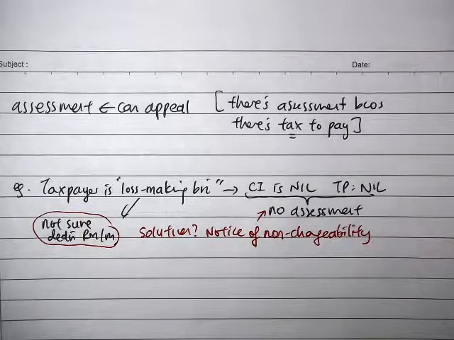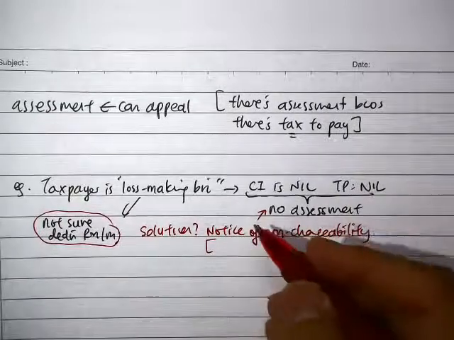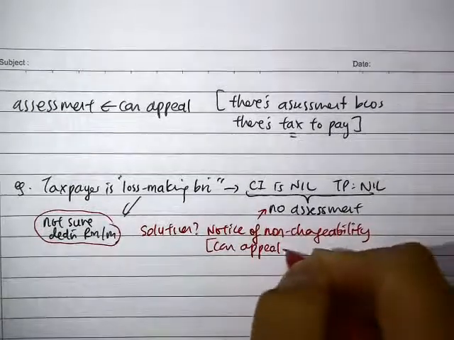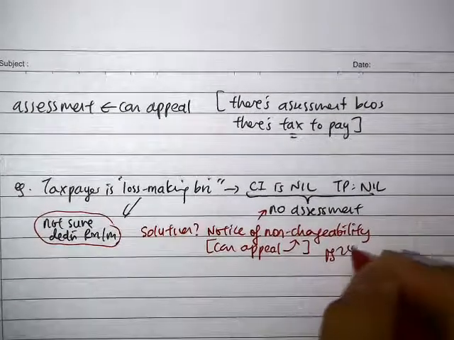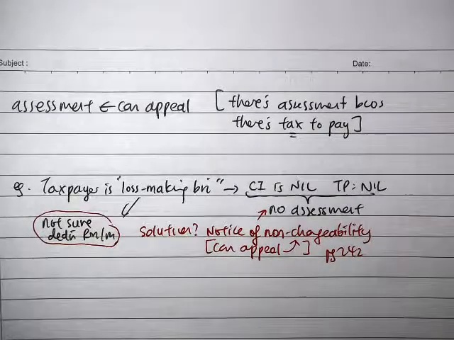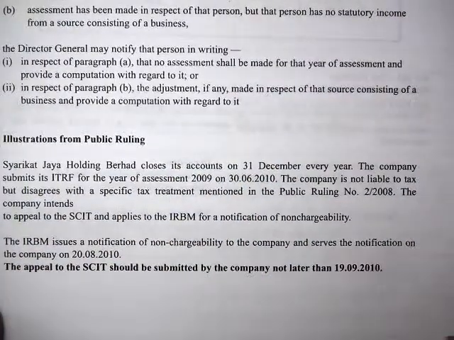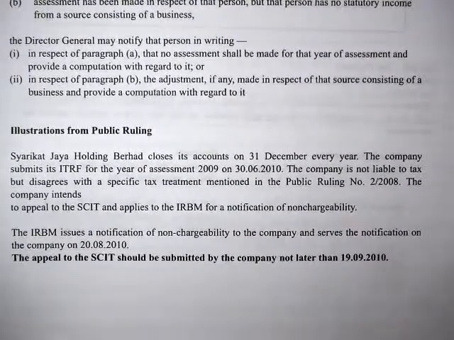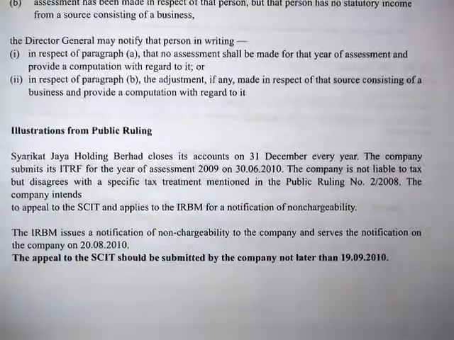The function of this notice of non-chargeability is to be treated as though it's an assessment. Then you can appeal as though it is an assessment. Just look at page 242 and at this example here. Syarikat Jaya closes its accounts on 31st December each year.